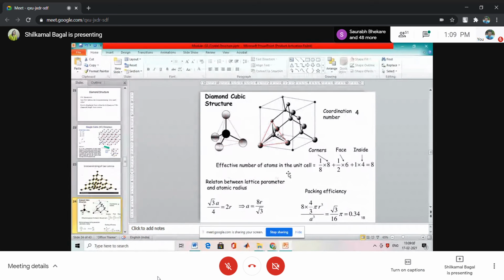Effective number of atoms in the unit cell, that is the total number of atoms per unit cell, is 8. The relation between lattice constant and atomic radius is A root 3 by 4 equals 2R, by geometry of the diagram, where A is the lattice constant and R is the atomic radius.